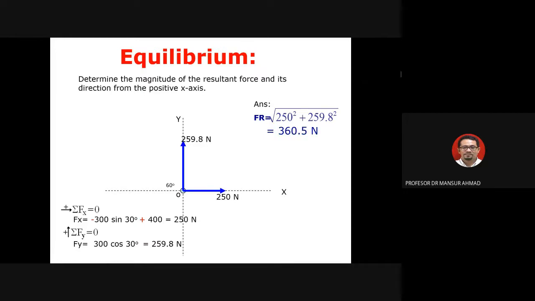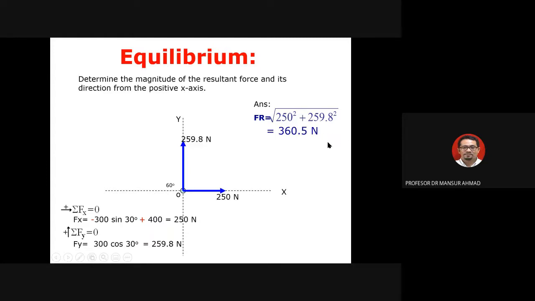This 0.5 Newton is not very significant. If you want to put this as 361 Newton, you can do that. 0.5 is less significant compared to kilonewton.